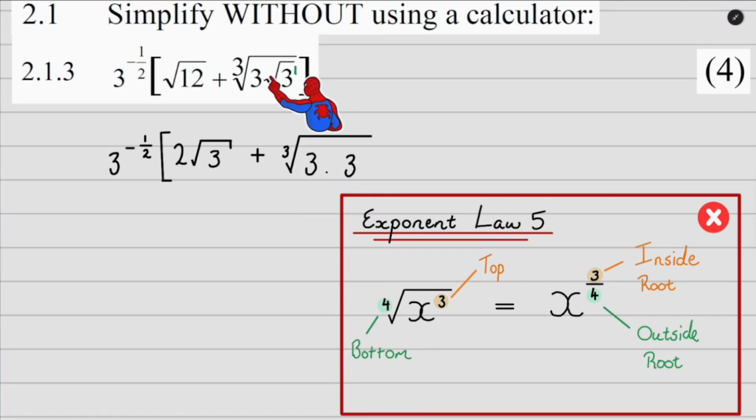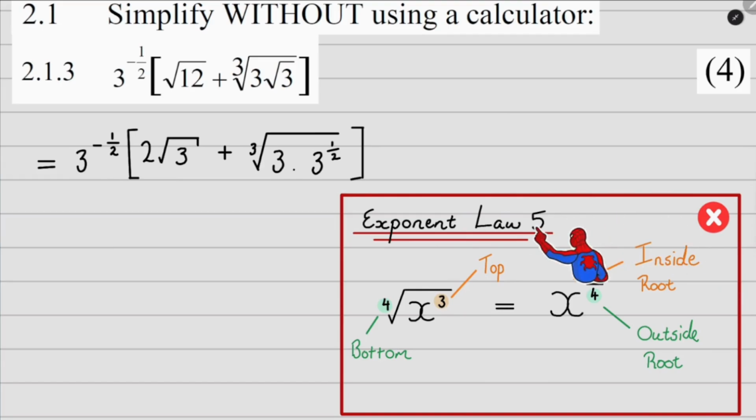And if there's no number there, we assume it's a 2. So if I had to convert this into a fraction, it would be 3 to the power of a half over here. And then we're just going to wrap it up in our square brackets. Okay, now using the same exponent law, this square root of 3 over here, I'm going to change it to 3 to the power of a half.